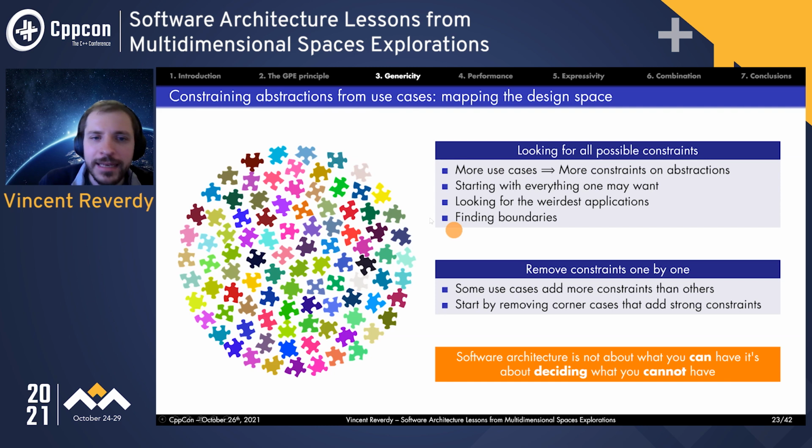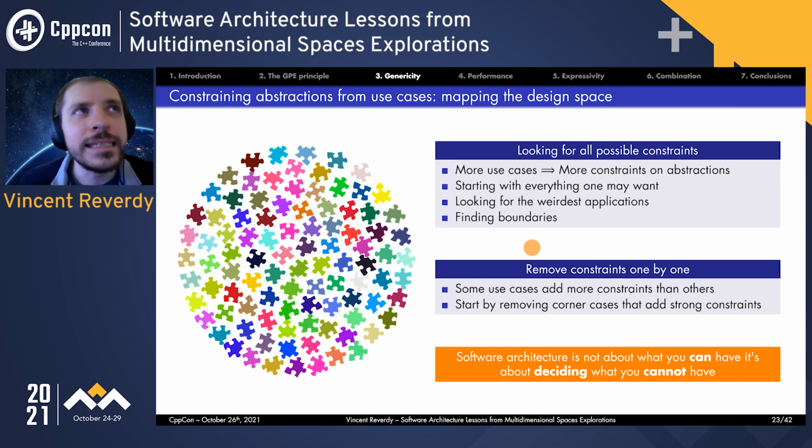So by trying to think about everything that someone may want, and especially looking for the weirdest applications, the goal will be to find the boundaries of this giant design space. And because we cannot do everything, the software architecture strategy will be to remove constraints one by one, starting by the use cases that are the weirdest and that are the most constrained.